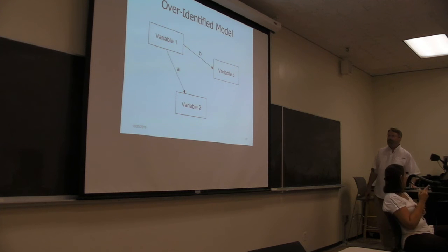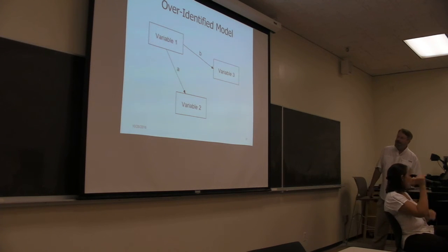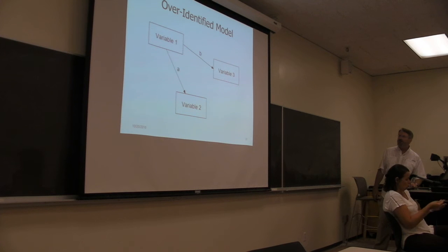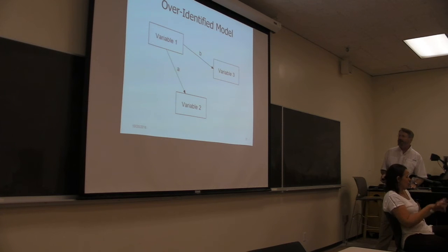It's also possible to have an over-identified model, and an interesting thing happens when you have over-identified models. If you're using algebra to solve for these paths, you can come up with 2 equations for both A and B. That might seem like not a good idea, but it actually is an important aspect of structural equation models.